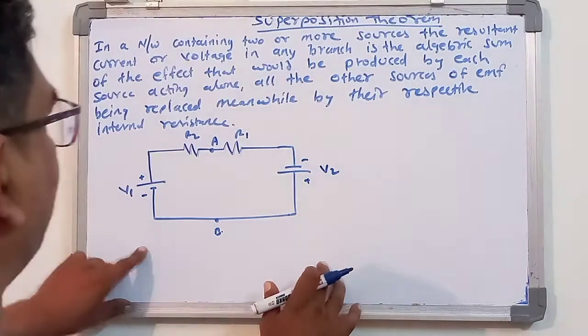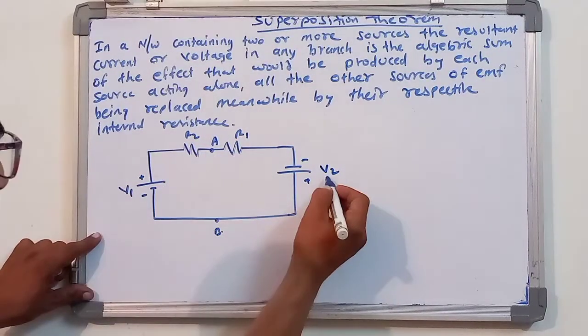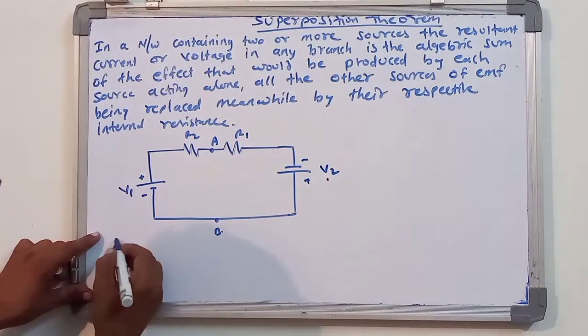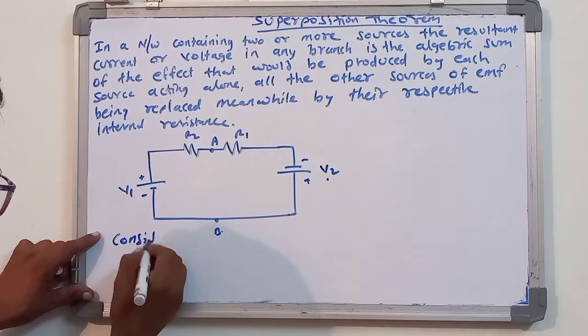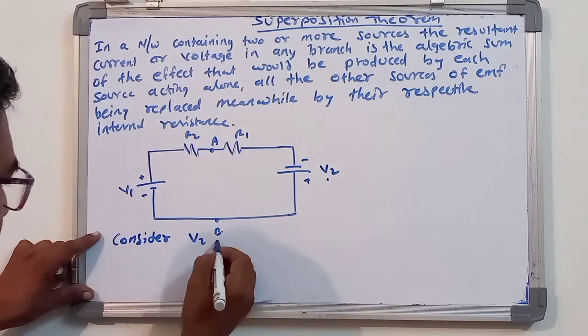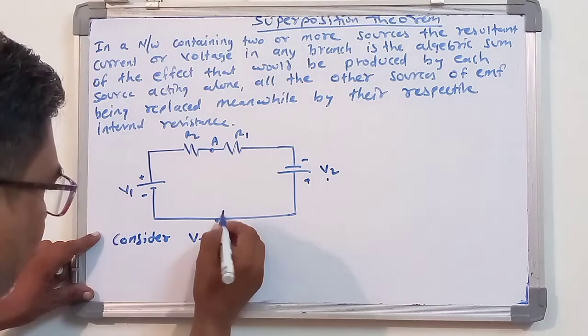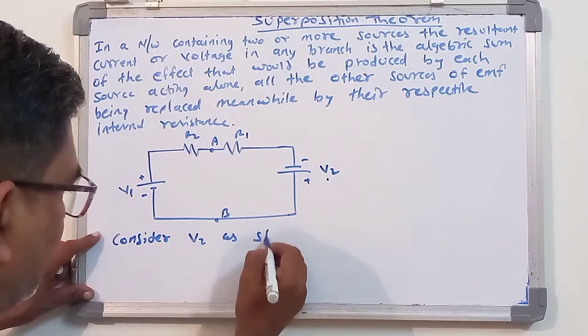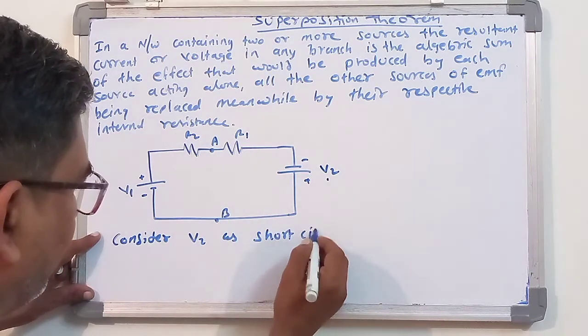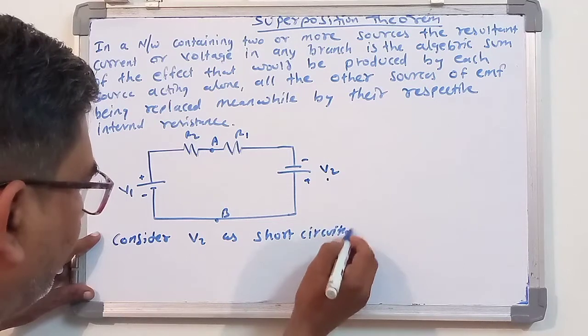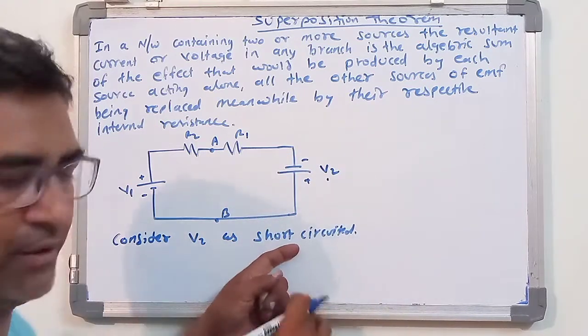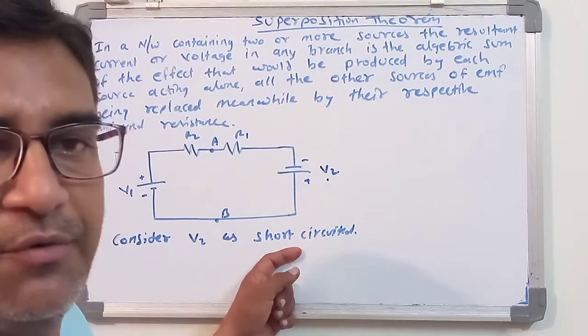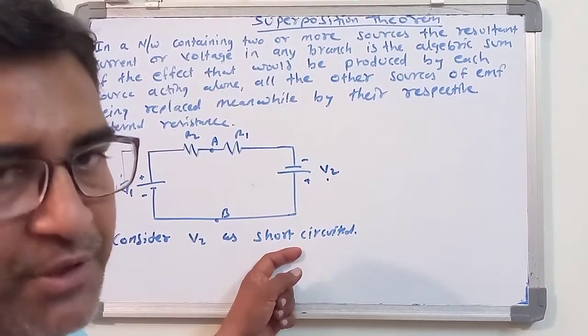Very first, consider V2 as short circuited. What you have to do is first draw the diagram with V2 short circuited.